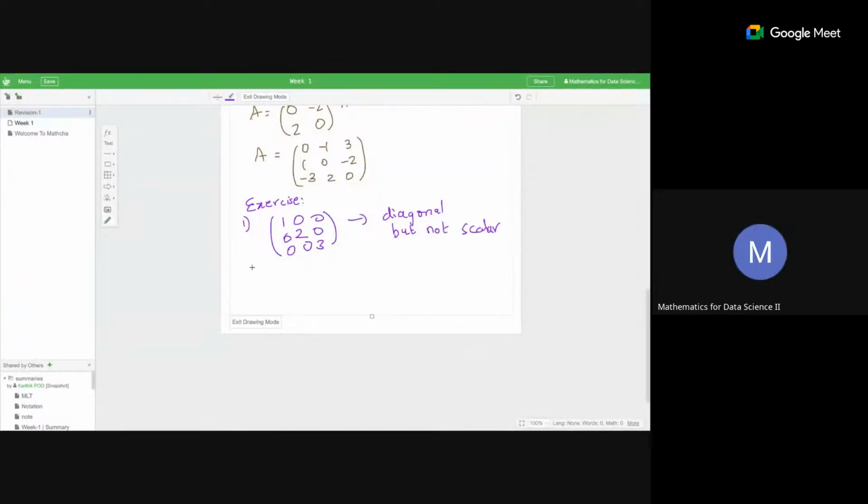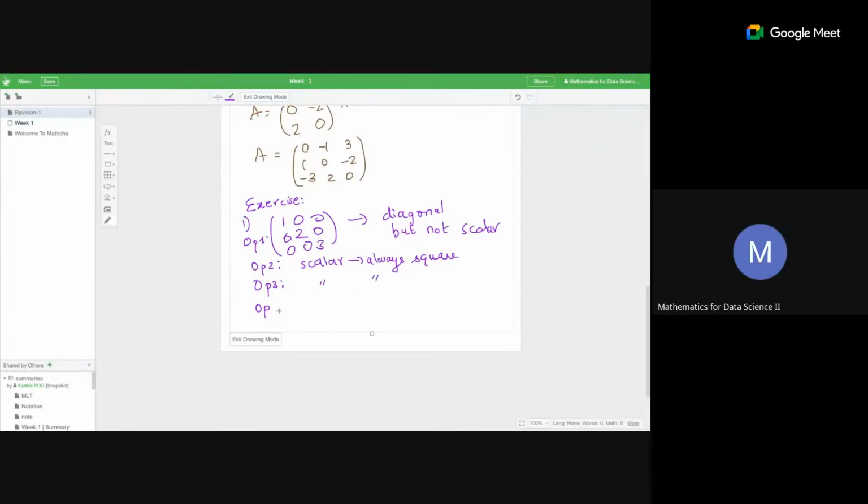Okay. What about the second option? Option 2 is scalar matrices may not be square matrices. False, because scalar matrices are always square. The next option is scalar matrices must be square matrices. Of course, true, right?